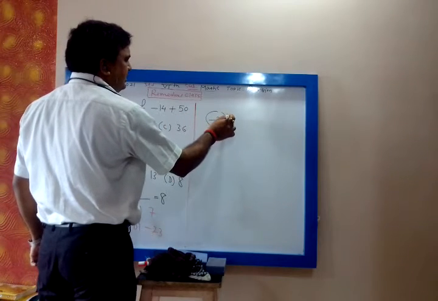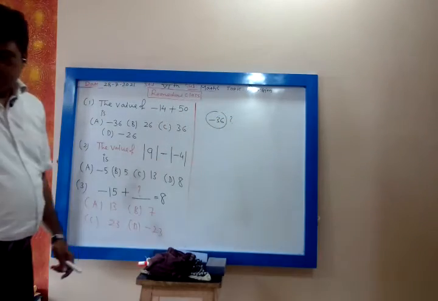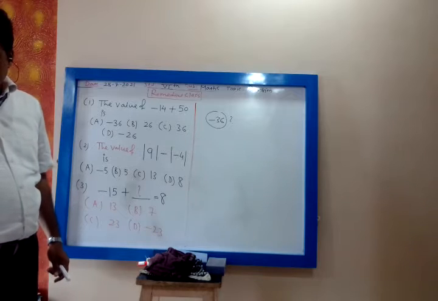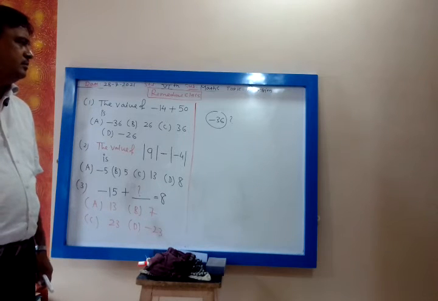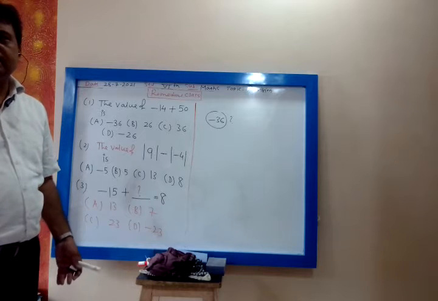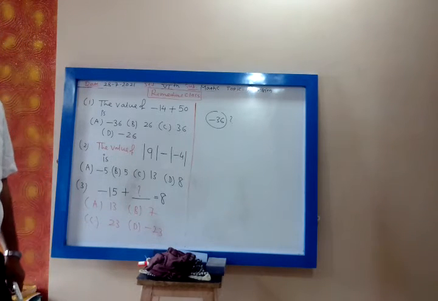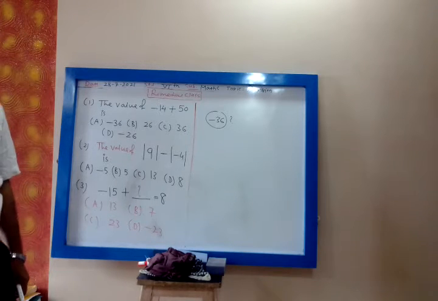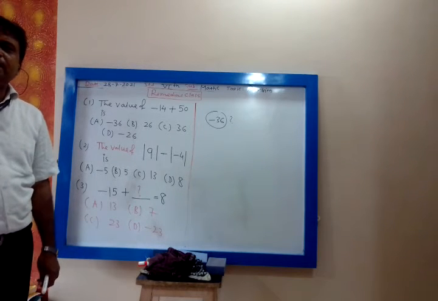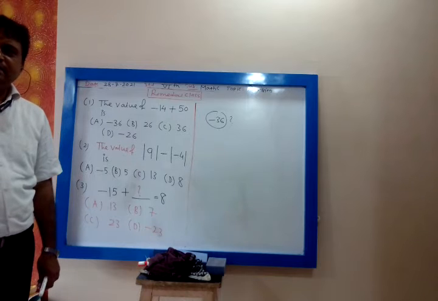Let us see the other answer. Then B division roll number 13, what is your answer? My dear, you are present. You have to reply. Then let me mark absent. You are not responding, it means you have just joined and left.